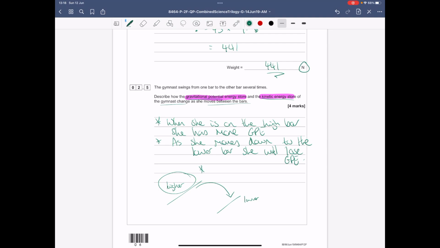And that energy will then be converted into kinetic energy because she is using that gravitational potential energy to have more speed. So as she jumps or moves to the lower bar, the GPE is converted to kinetic energy.